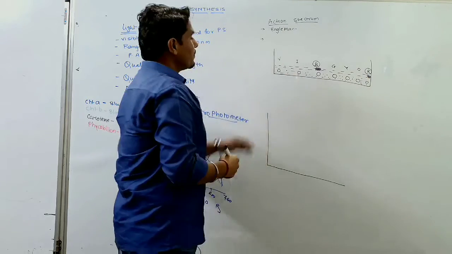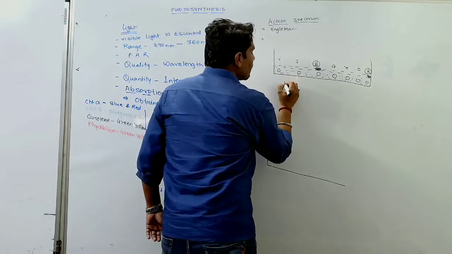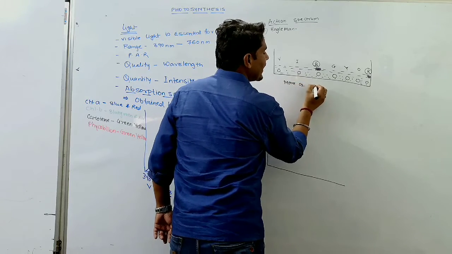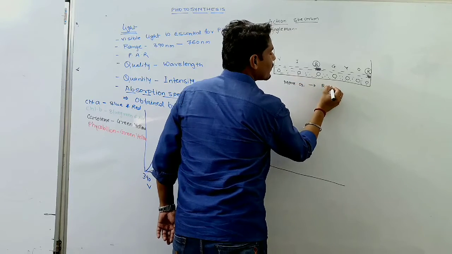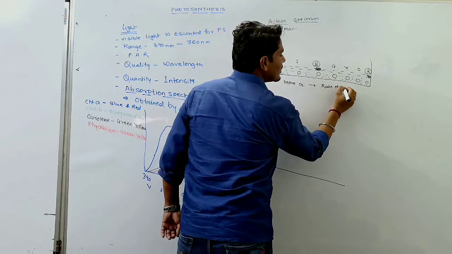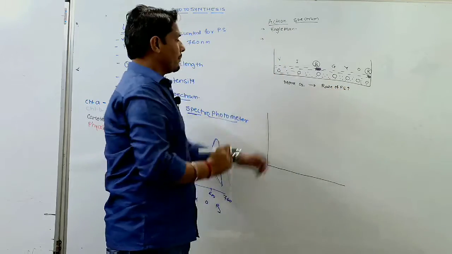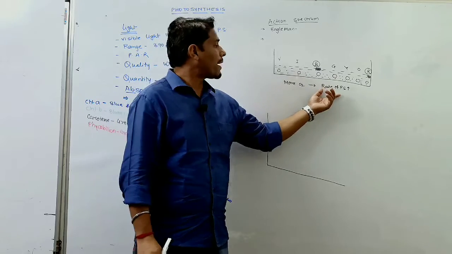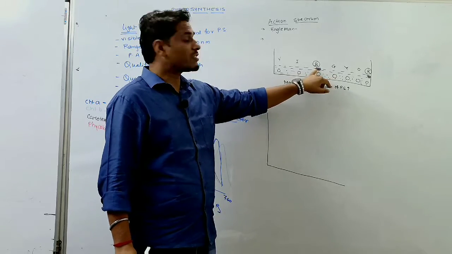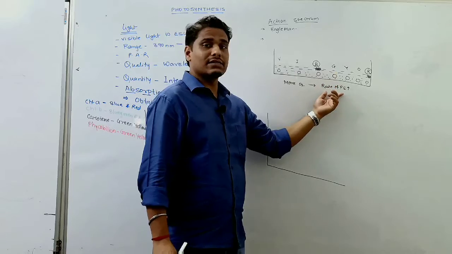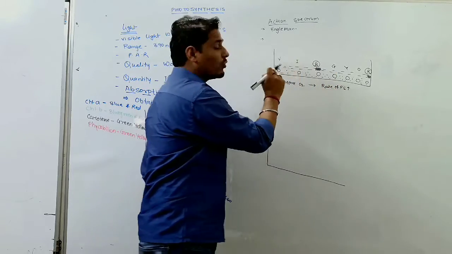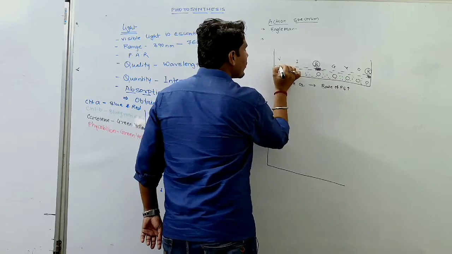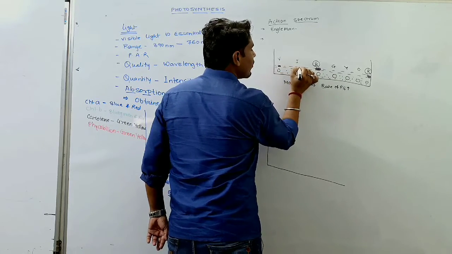He concluded that more oxygen means the rate of photosynthesis is high, because in photosynthesis oxygen is a byproduct. If more oxygen is liberated, the rate of photosynthesis is very high, but little oxygen is liberated in the other regions.